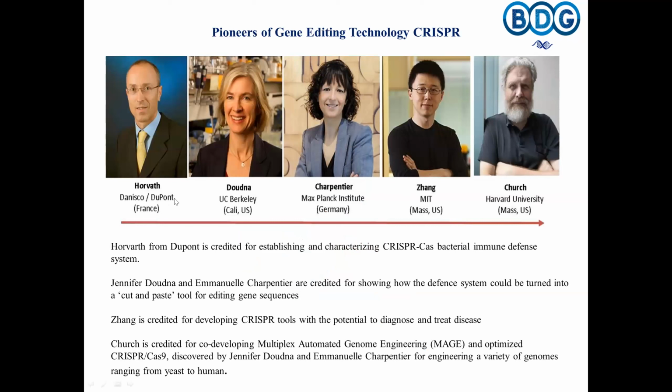It all started with Howard from DuPont. He is credited for establishing and characterizing the CRISPR-Cas bacterial immune defense system. Originally, people were curious to know about a particular locus within certain bacterial genomes. It was called the CRISPR locus: clustered, regularly interspaced, short palindromic repeats.